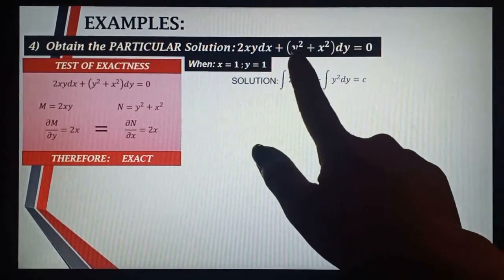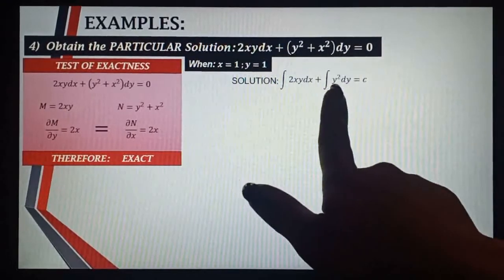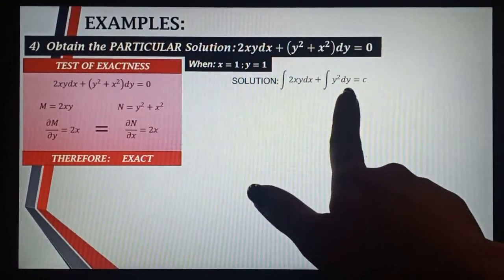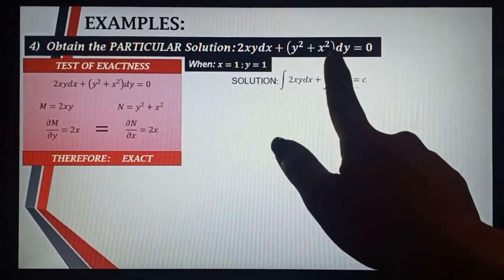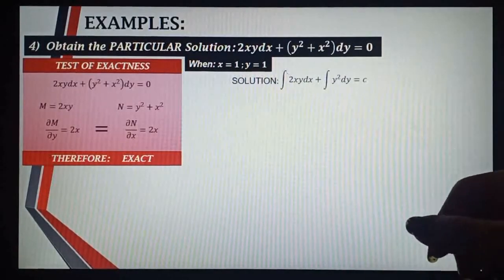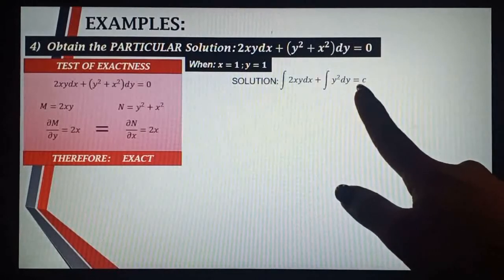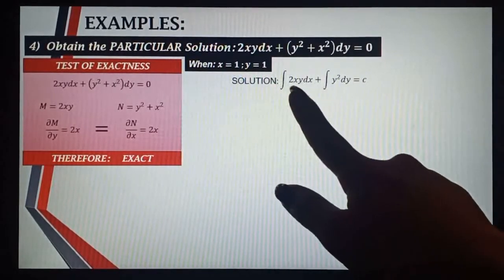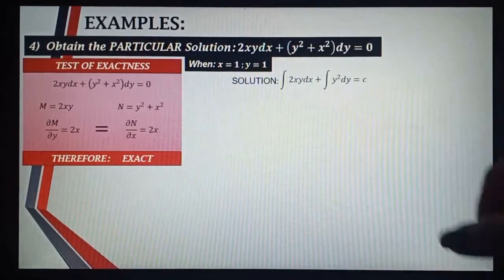So y squared dy, no presence of x, pwede natin kopyahin. Then pagdating kay x squared dy, since may presence ni x, which is the x squared, hindi natin siya pwedeng kopyahin. So that is equated to c. So you only have the integral of 2xy dx plus the integral of y squared dy equated to c.